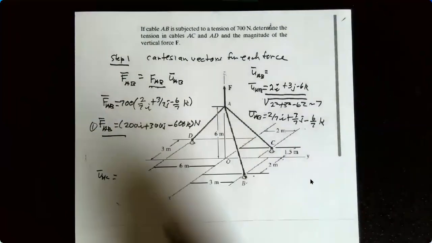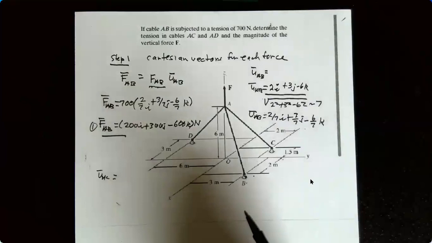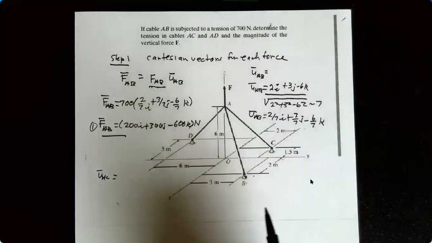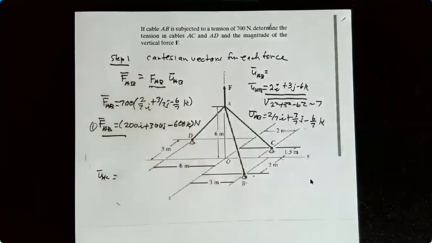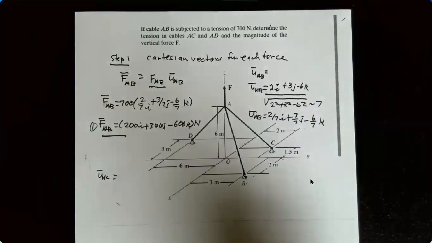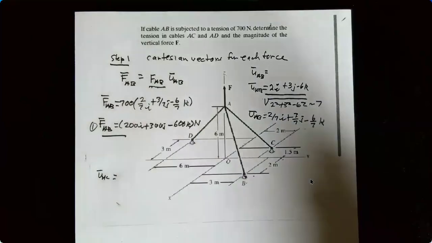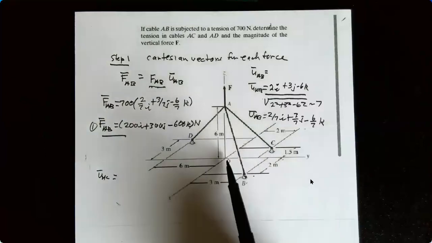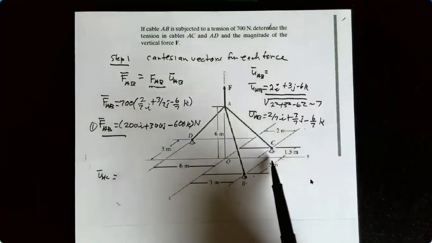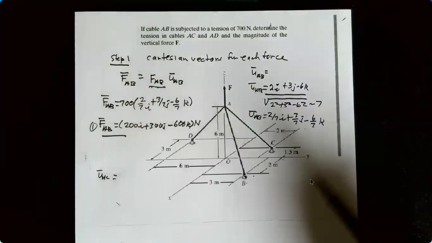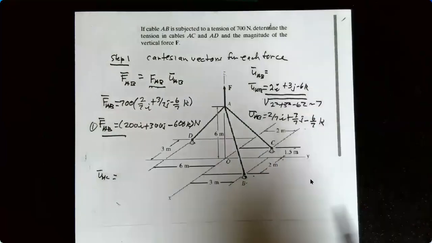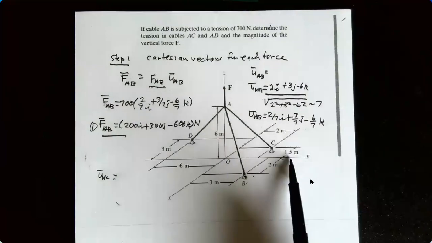looking along the x-axis, the x component that we're looking at is going to be what dimension? Here's the origin, here's C, and here's a dimension parallel to the x-axis. It's 1.5 meters.